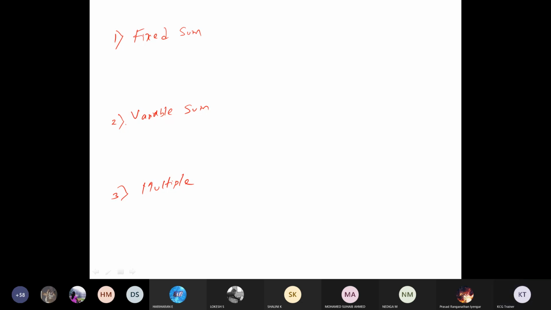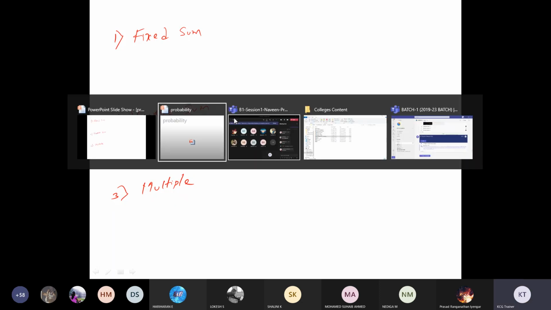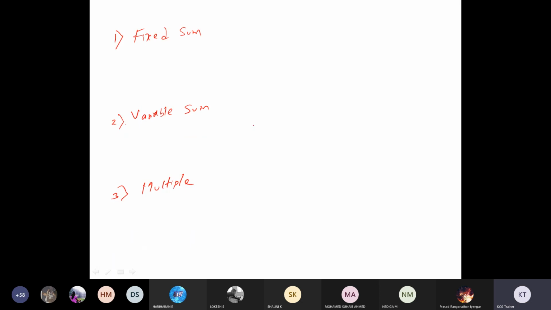Anyone? How many possibilities are there when 2 dice are rolled? What happened, guys? You studied these things in school days, right? Why is no one answering?